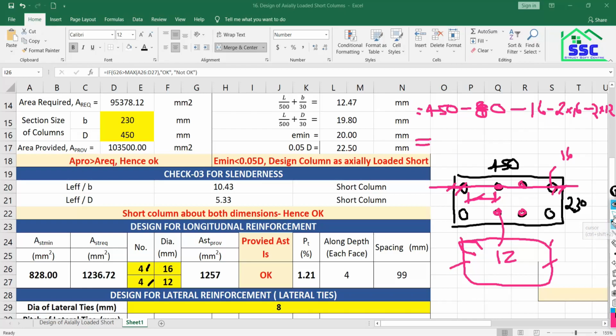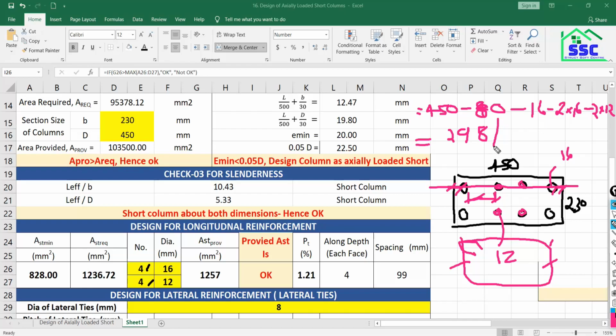After calculating this value: 450 minus 80 minus 16 minus 16 times 2 minus 2 times 12. I am getting the value as 298.